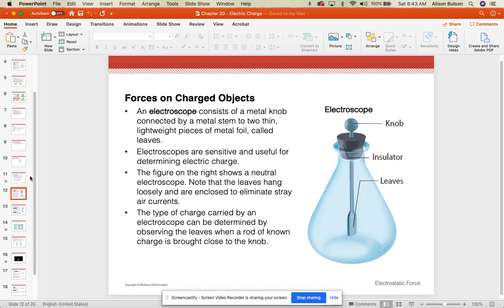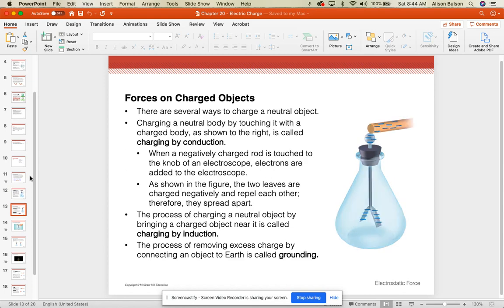In any case, the type of charge carried by an electroscope can be determined by observing the leaves when a rod of known charge is brought near. So if you happen to know that the piece of PVC pipe is charged negatively, then you know that the leaves separate because of negative charge. So how it works.